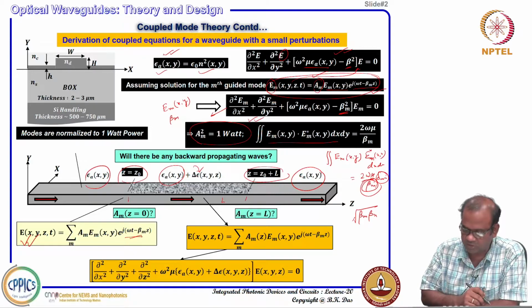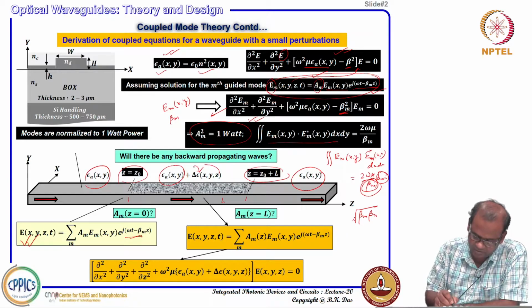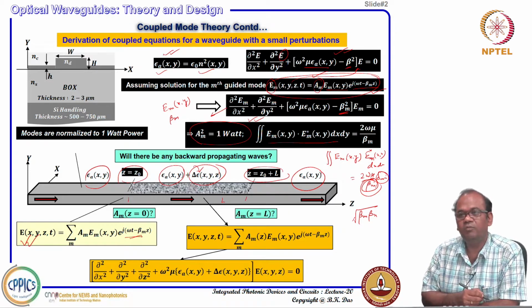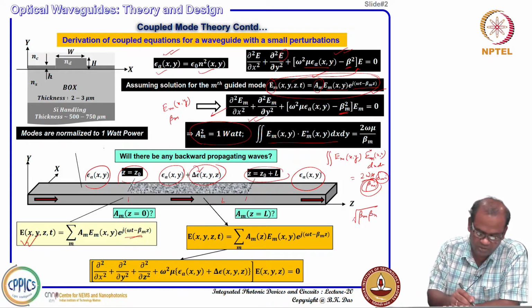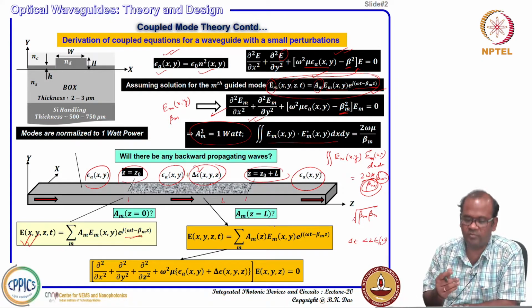Now, if there is a perturbation, how will your waveguide modes be modified? This delta epsilon should be much less than the original refractive index profile of the waveguide. That is a very small perturbation.